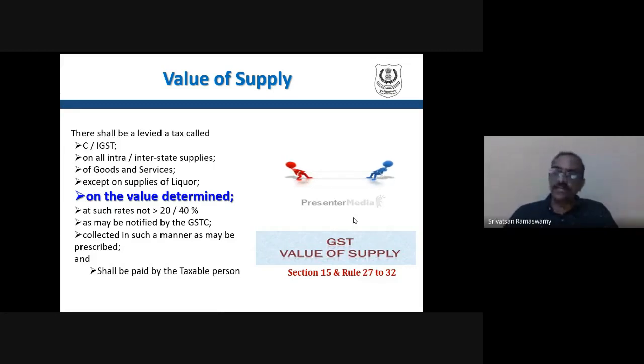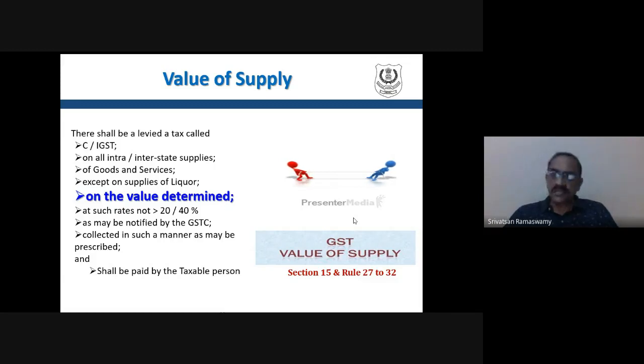Let me also tell you that historically we have been imposing taxes on an ad valorem basis for quite some time, right from 1965. In central excise, we have been imposing central excise duties on an ad valorem basis, and in service tax, right from day one, that is from 1st of July 1994, this ad valorem based levy has been introduced.